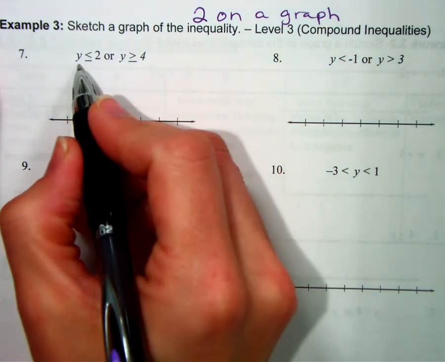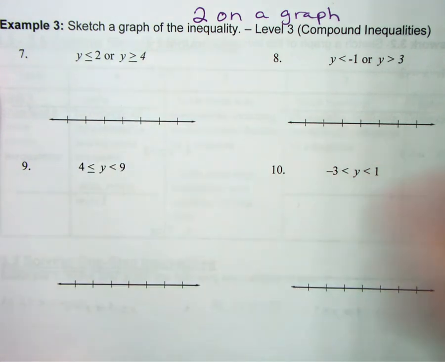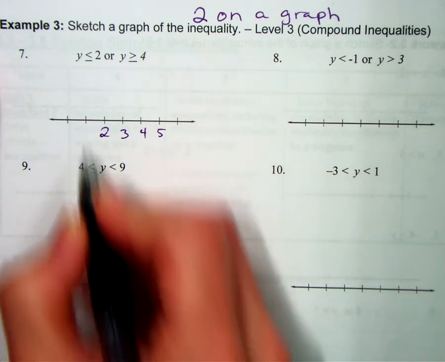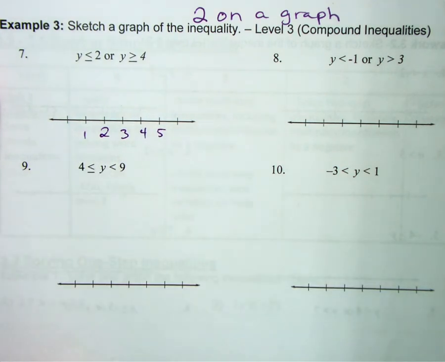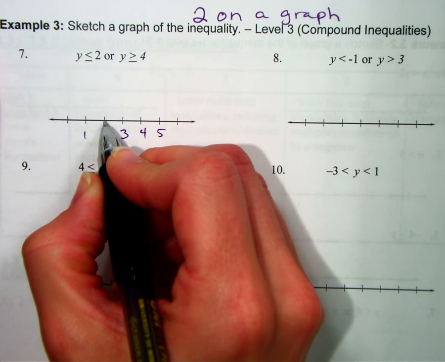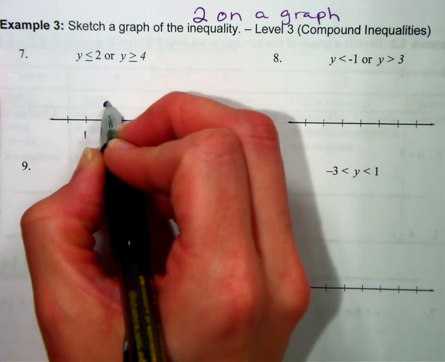The first one says I want y to be less than or equal to 2. So because we've got a 2 and a 4, let's get all those numbers on there. So 2, 3, 4. Maybe put a 5. Maybe put a 1. Just put a couple numbers on there. So the first circle is going to go at 2, and it's going to be filled in a circle. Again, if you want it on or above, that's up to you.